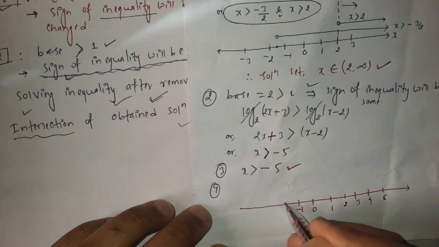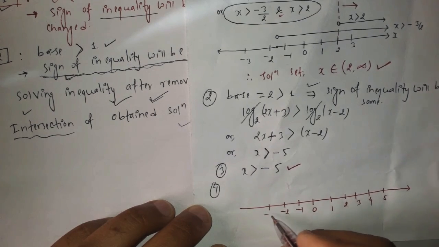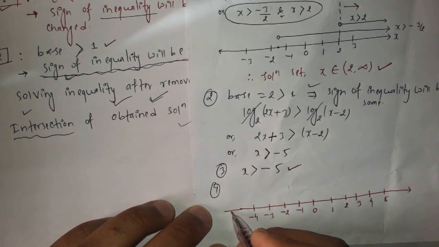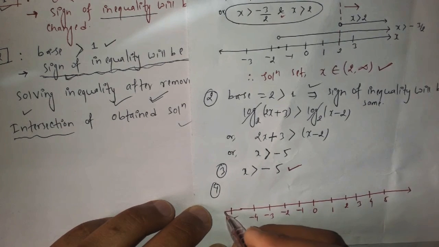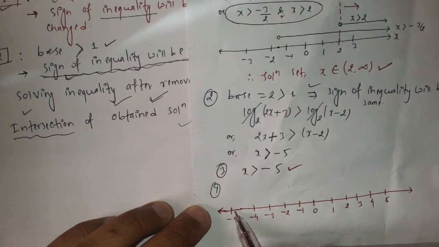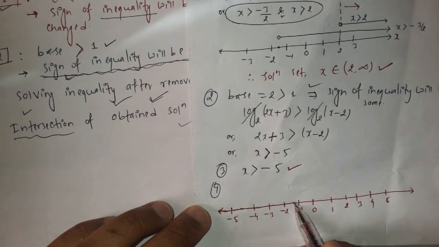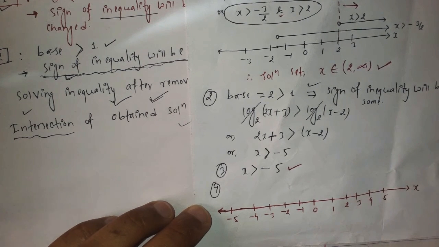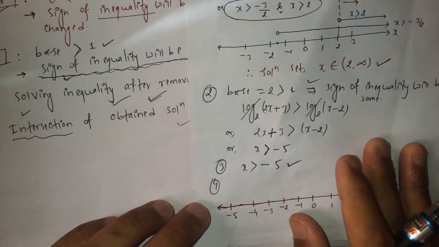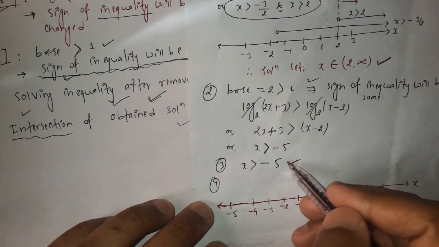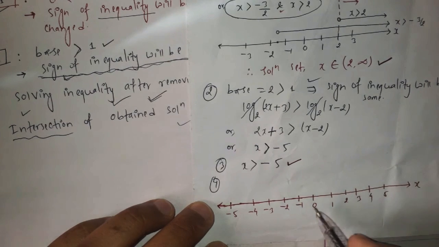Similarly, -1, -2, -3, -4, and -5. This is the value of x. Now plotting these two solution sets. The first solution set is this, and the next solution set is this, on this number line.